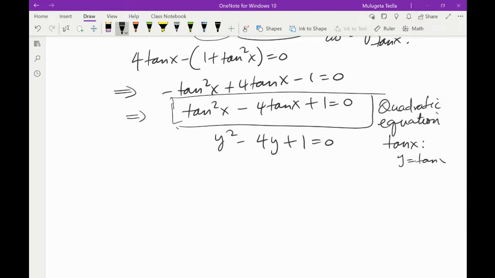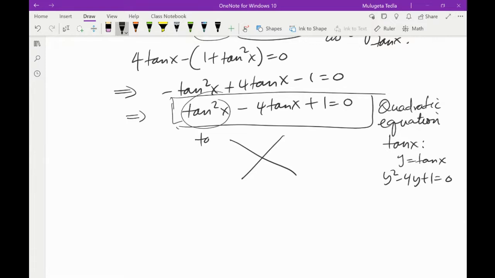Isn't that a quadratic equation? Yes. So if y equals tan x, then y squared minus 4y plus 1 equals 0 is the quadratic.